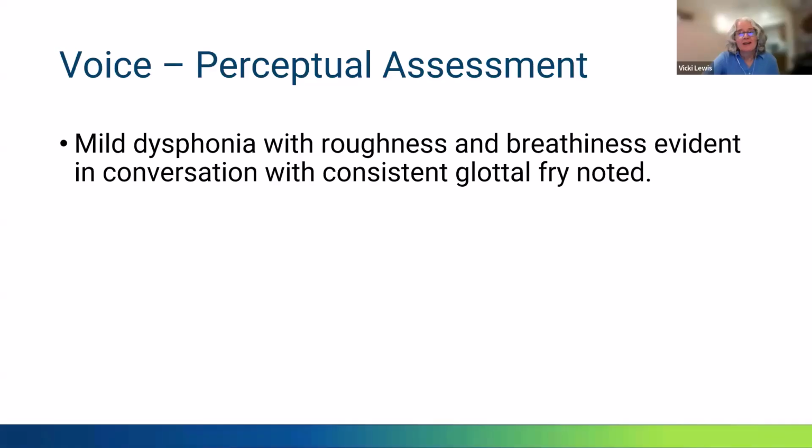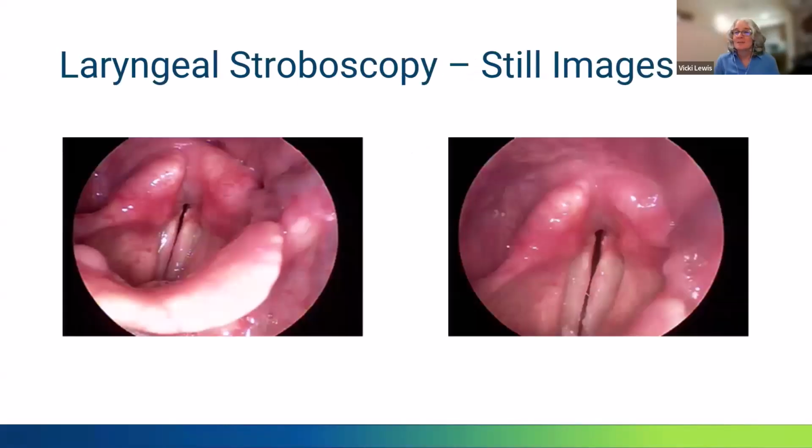So to my ear, and with use of the CAPE-V, he had mild dysphonia with roughness and breathiness evident in conversation, and had quite a bit of glottal fry. These are just some still images of his laryngeal video stroboscopy, but I think the left shows us better.